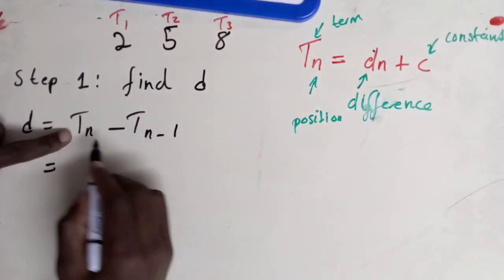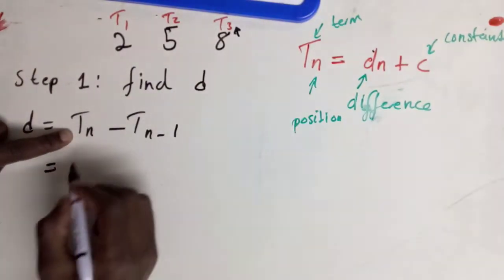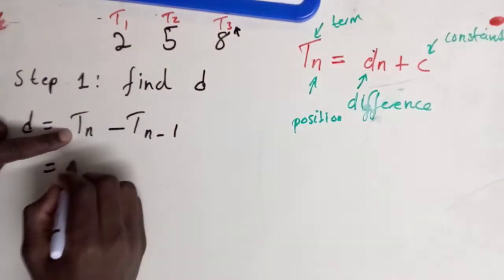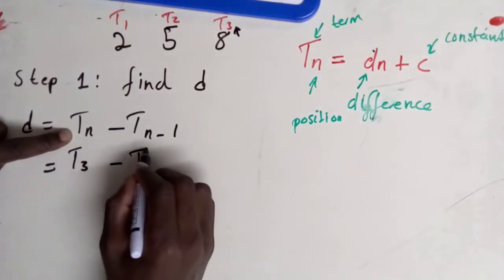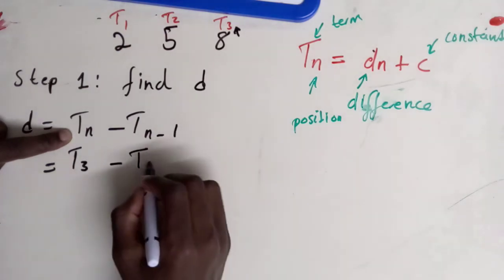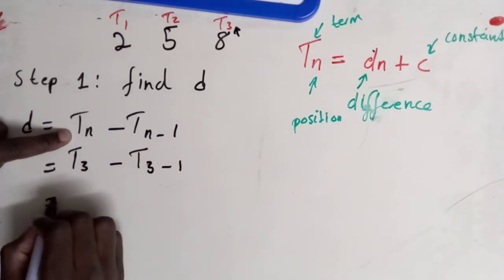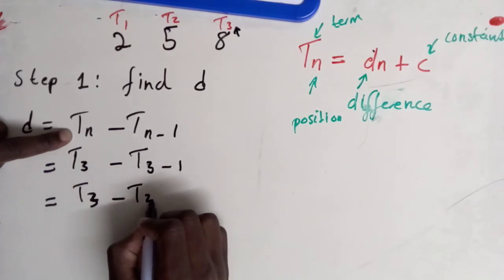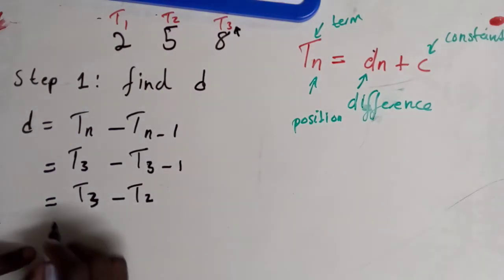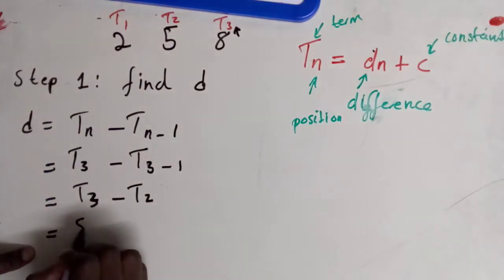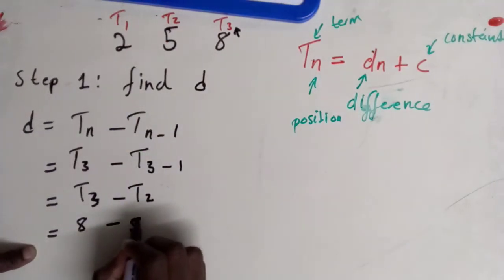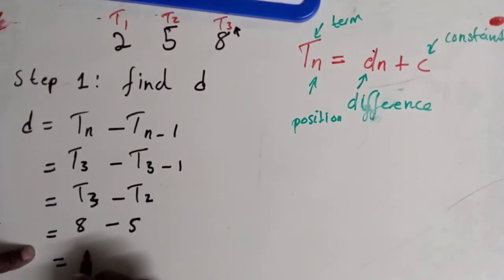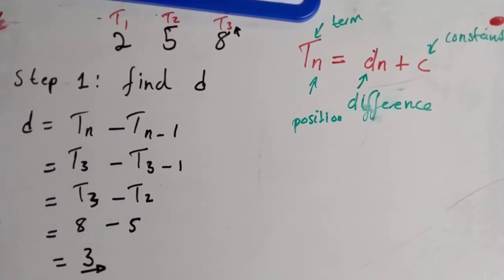In the place of n, I'm going to put 3, minus 1. So that will be T3 minus T2, and that is the same as 8 minus 5. What is 8 minus 5? I'm sure some of you got 3.